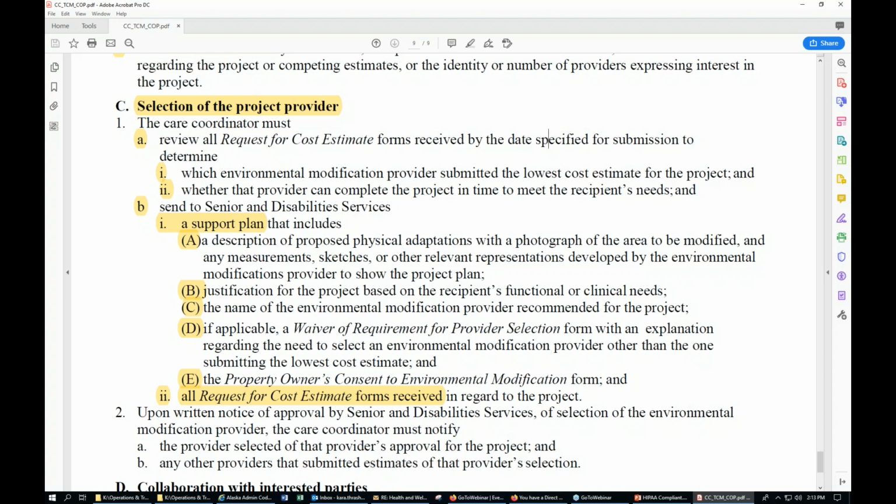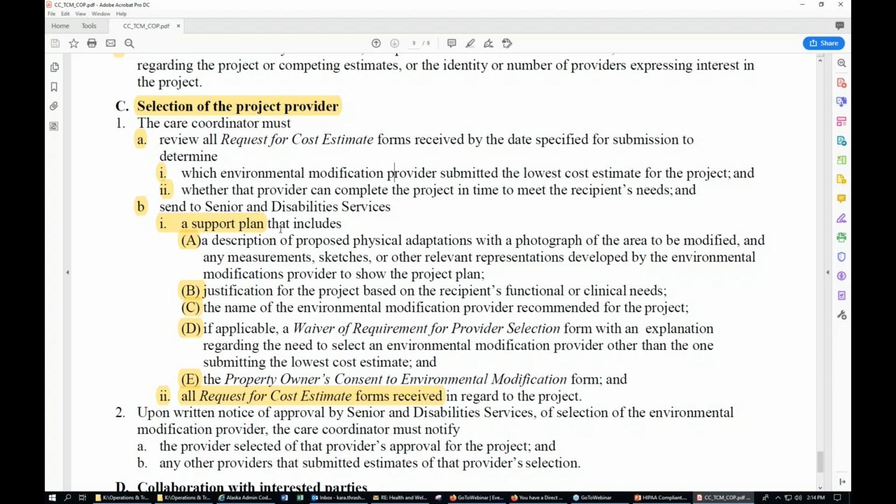Okay, so the rest of the COPs: the care coordinator reviews all of the request for cost estimate forms that you received by the date specified. You will look at the one that submitted the lowest cost and determine whether they can complete it in time to meet their needs, and send Senior and Disability Services a selection of documents.